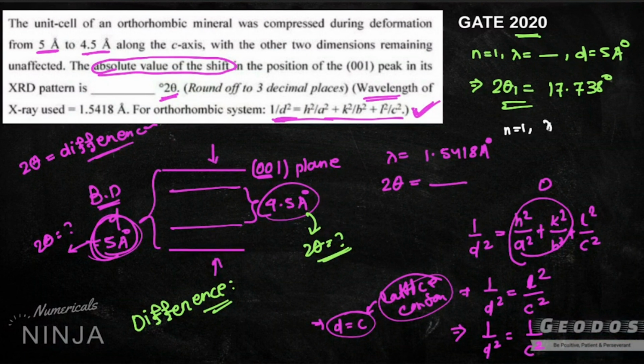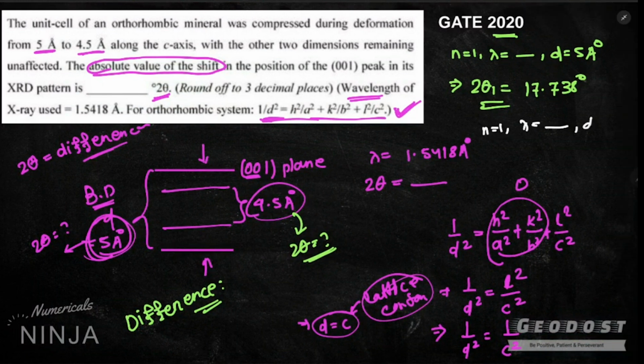n is equal to 1, lambda is already given, d will be 4.5 angstrom. So in that case, the 2 theta angle will be 19.728.